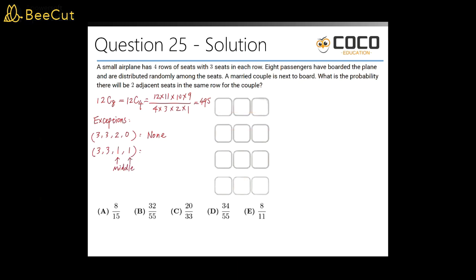Let's check how many ways there are. Out of the 4 rows, select 2 of them to have 3 passengers, and the other 2 have 1 passenger. That's just 4C2. There are 6 ways.